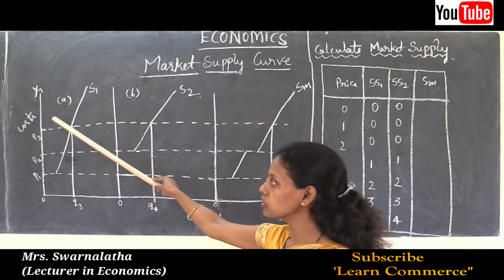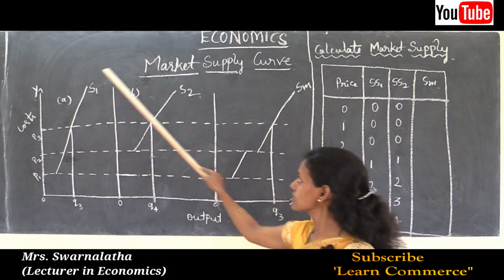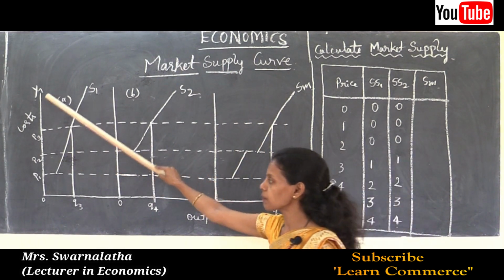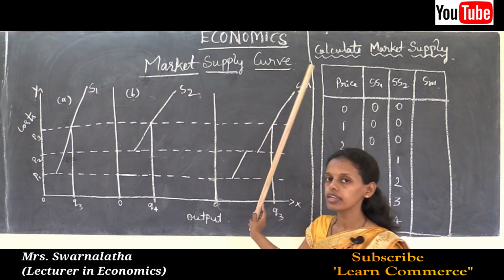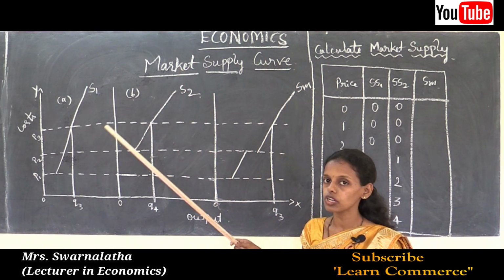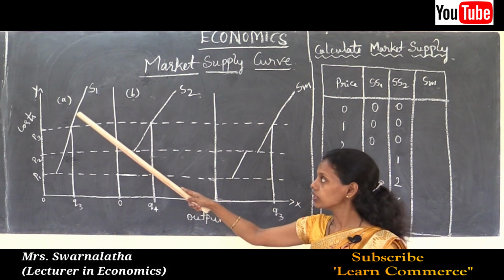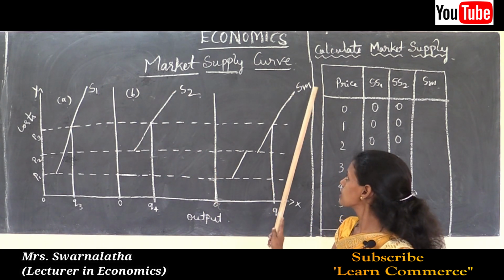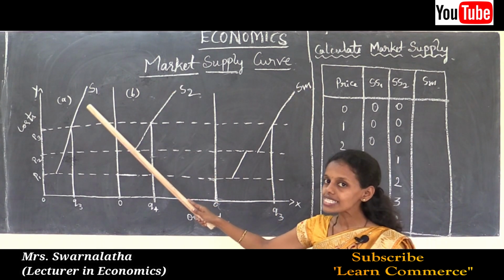Here, turn to the figure. Here you can see the market supply curve. The diagram represents the market supply curve of particular firms, that is firm 1 and firm 2, which together are said to be the market supply. SM means market supply.